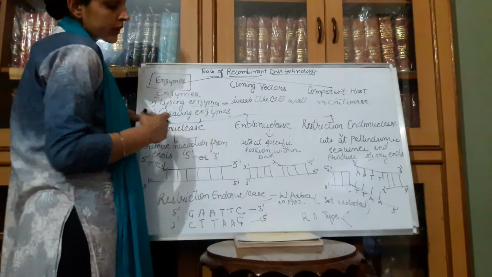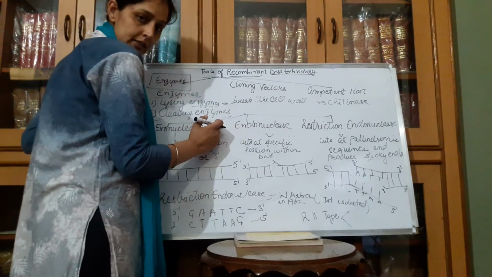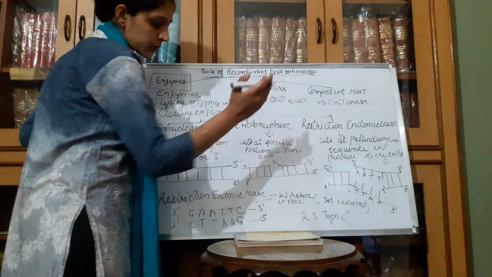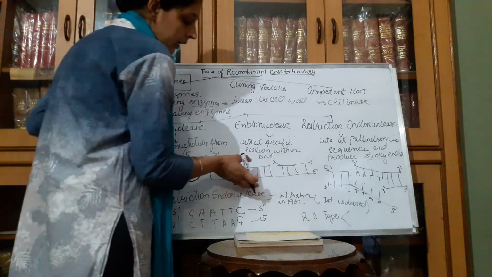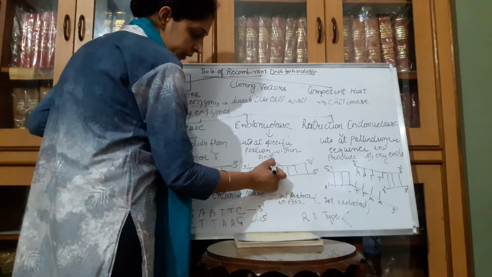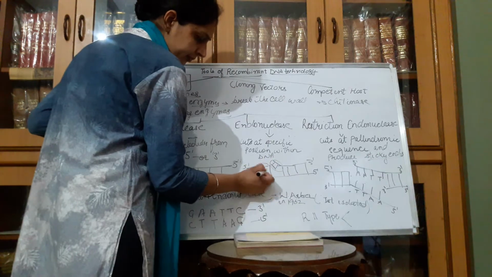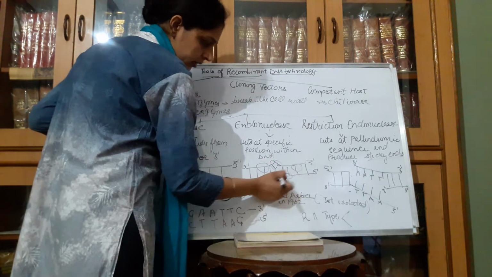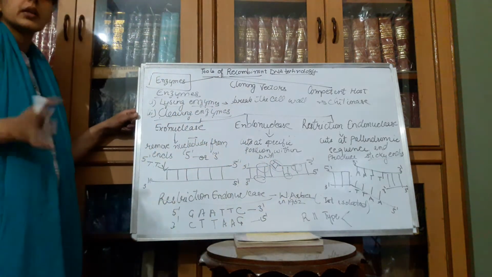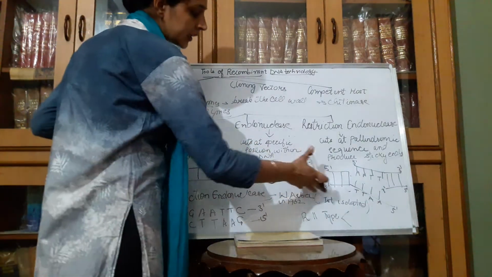Next is the endonuclease enzyme. It cuts the nucleotides at a specific position within the DNA strand, so it can cut the DNA strand from any part within the DNA.